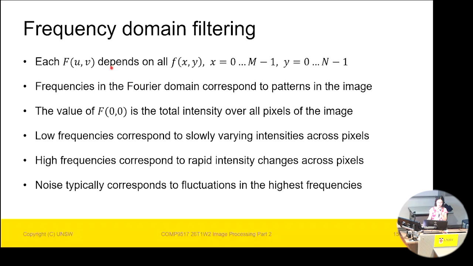Just to reiterate, each element in the frequency matrix is computed by integrating all the information from the image, because in the formula, to get one value, you need to enumerate all the pixels.